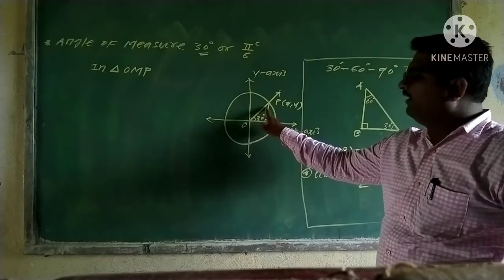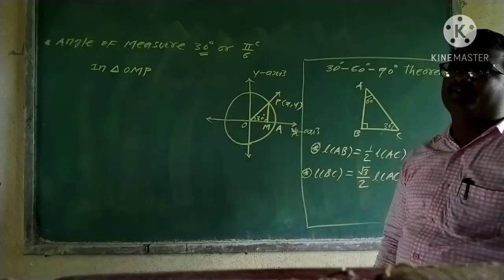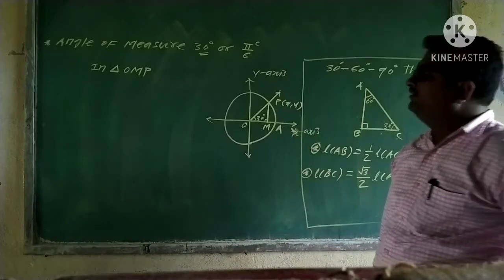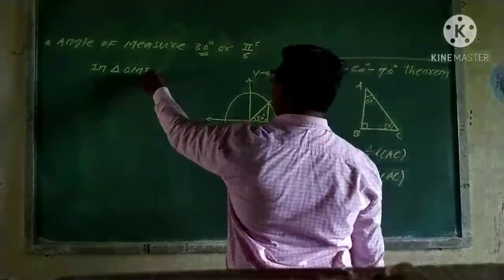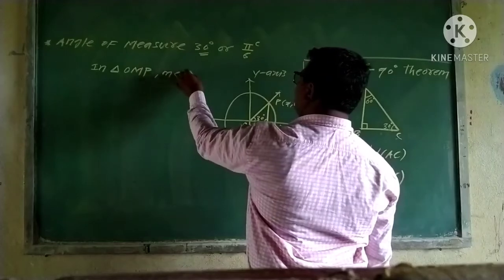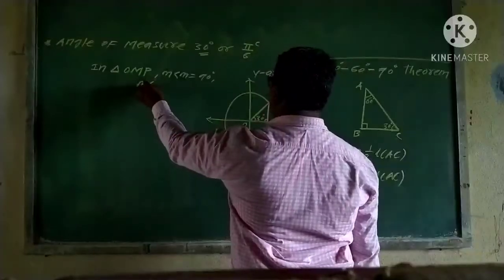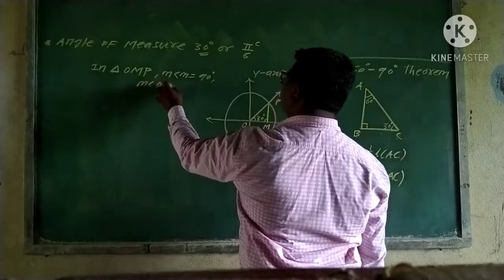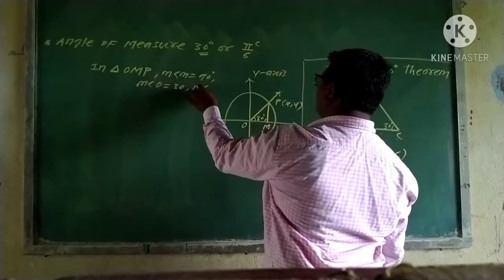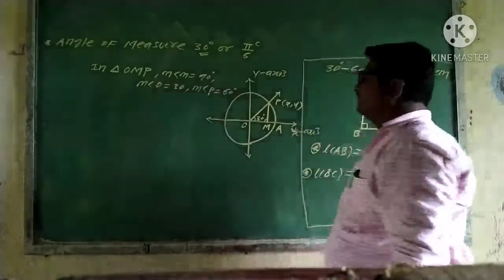So the remaining angle of the triangle is 60 degree. Now here, in triangle OMP, the measure of angle M is equal to 90 degree. Measure of angle O is equal to 30 degree. So the measure of angle P is equal to 60 degree.